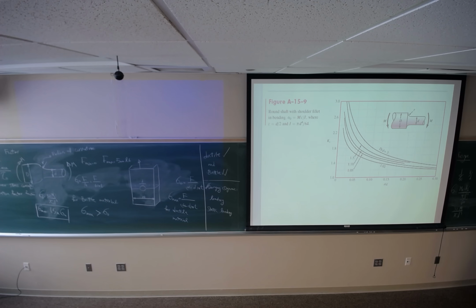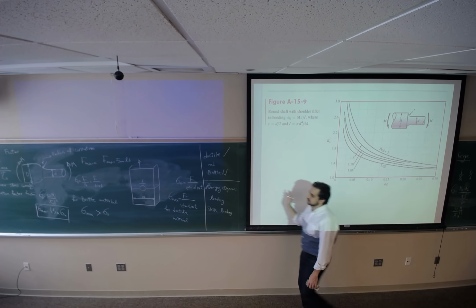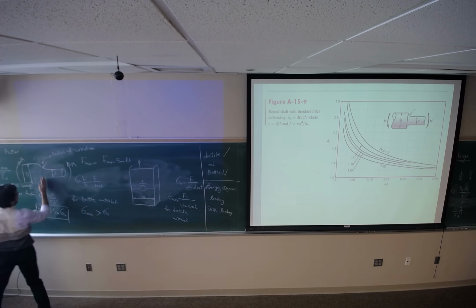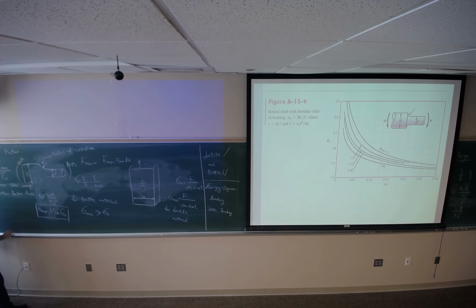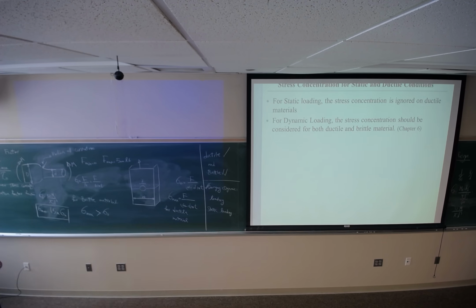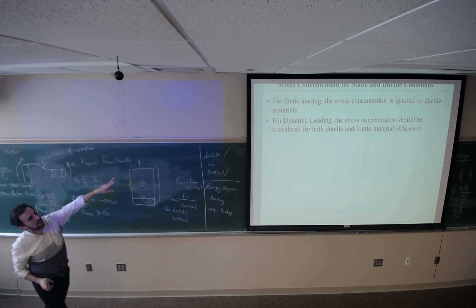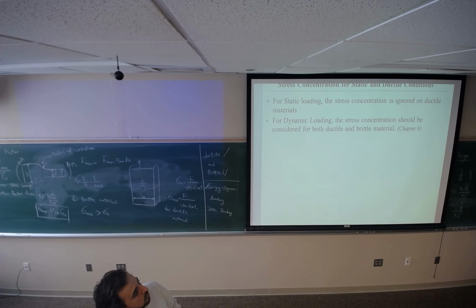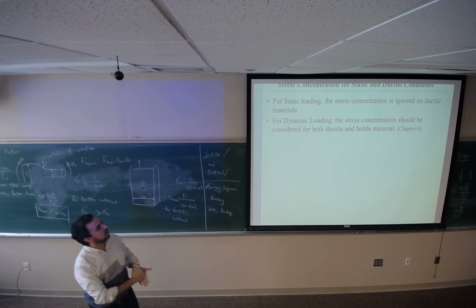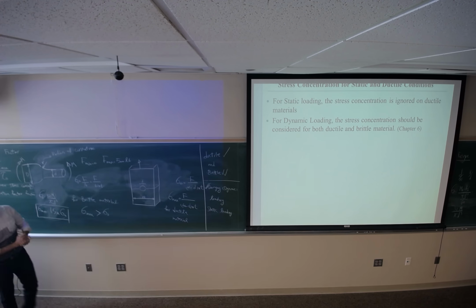But this is for a constant or continuous shaft. If we have a discontinuity, then we should consider the stress concentration factor. As I said, if we have static loading, it should be ignored for that kind of material. For dynamic loading, it should be considered for both types of material. We will look at it in chapter 6 when we talk about fatigue.